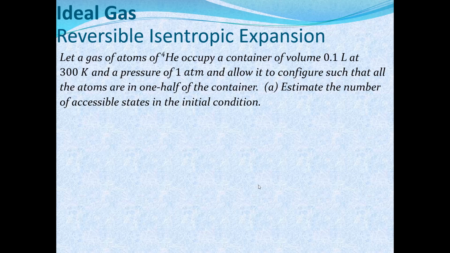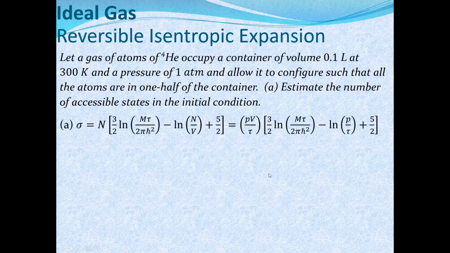All right, so they want us to estimate the number of accessible states. The way we're going to do this is by first figuring out what the entropy is. So we're going to take the equation that we have for entropy, the very long one with the ln of n over nq. Of course, we're going to plug in the equations for nq and n, and we're also going to have to replace some of these with proper terms.